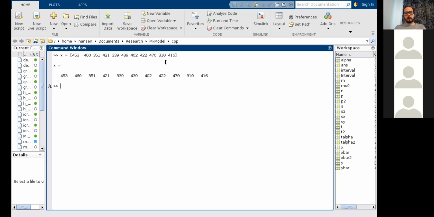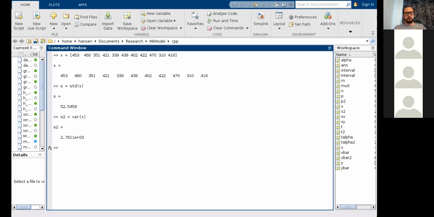Now I'm going to calculate the S, which is the std of X. We could calculate the S2, which is the variance of X, as well. It's about 2,700 something. Seems rather big.